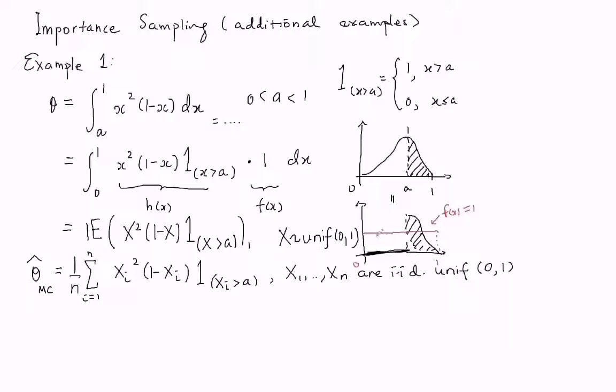The problem is that for any values less than a, the moment you sample any values below a, this will be 0, okay? So you end up over here, you're going to get a lot of zeros. Maybe this will be 0.97. So suppose your a is 0.8, right?